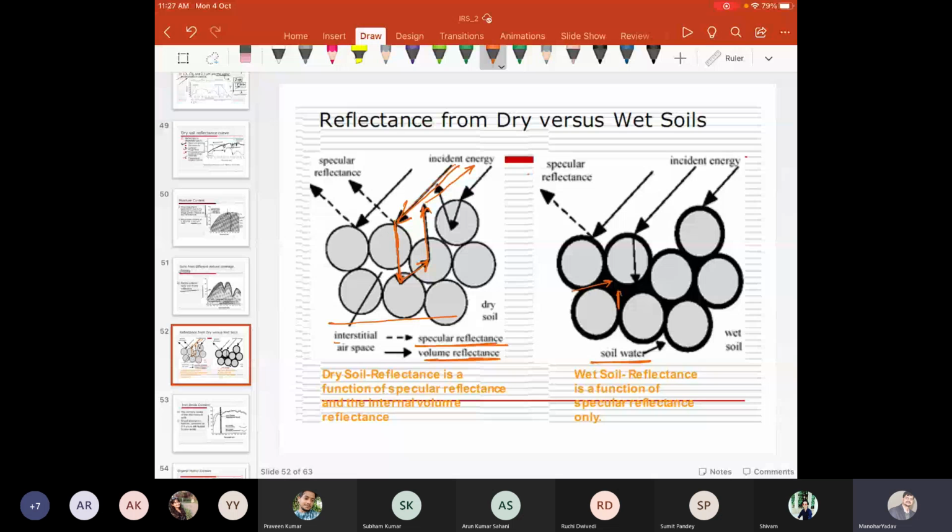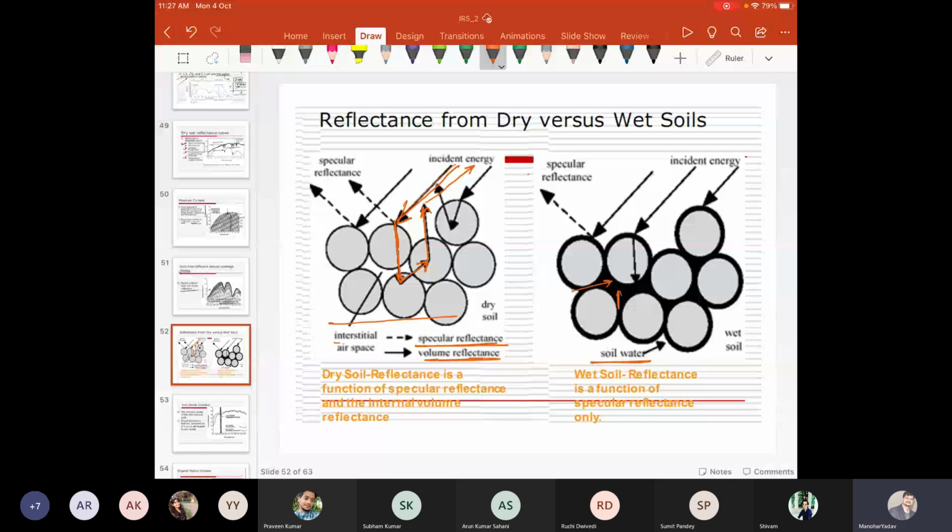So we have over here the conclusion that we derive based on this discussion. In case of dry soil, reflectance is a function of the specular reflectance and the internal volume reflectance. The reflected component from the bulk material that is inside is called internal volume reflectance.